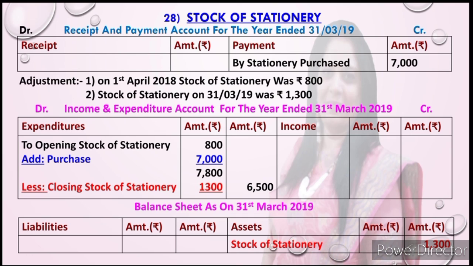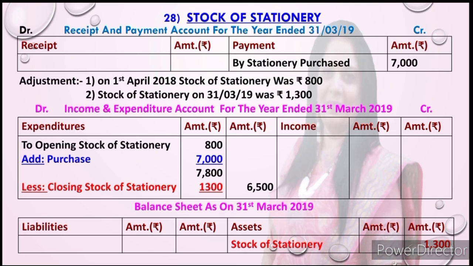By stationery purchase, it will be added to the stock of stationery on the debit side of the income and expenditure account. You can see it is added and recorded as purchase 7000. So total stationery is now worth rupees 7800.